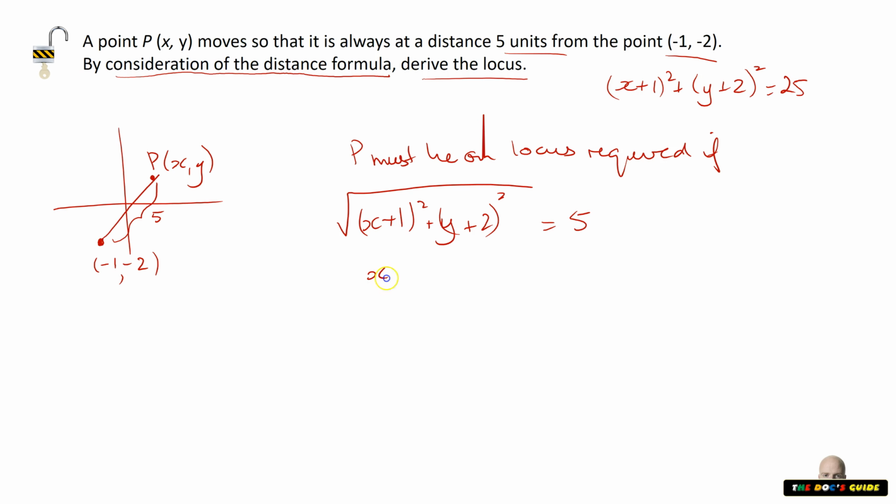If we square both sides, then what we've got is, as we expected, the equation of a circle, centre -1, -2, radius 5.